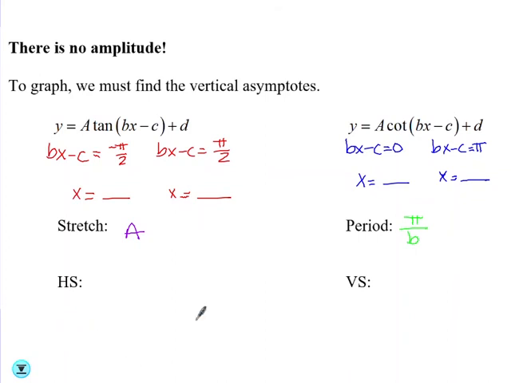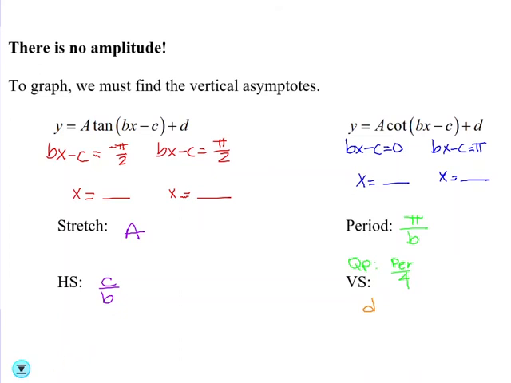And we can still talk about quarter period. That'll be helpful. And it's just the period divided by 4. The horizontal shift is going to be c over b, just like it was for sine and cosine. And the vertical shift is d.